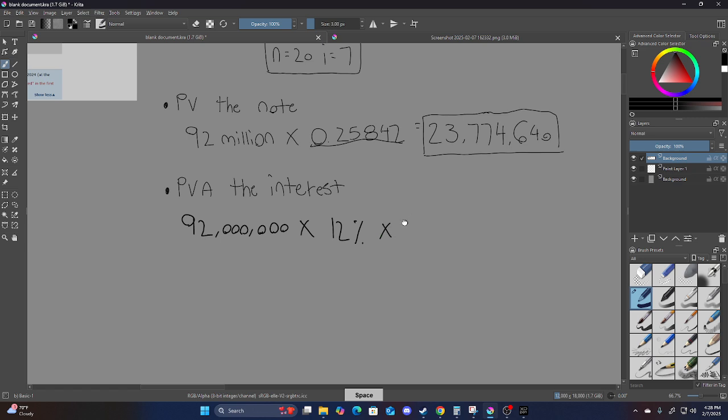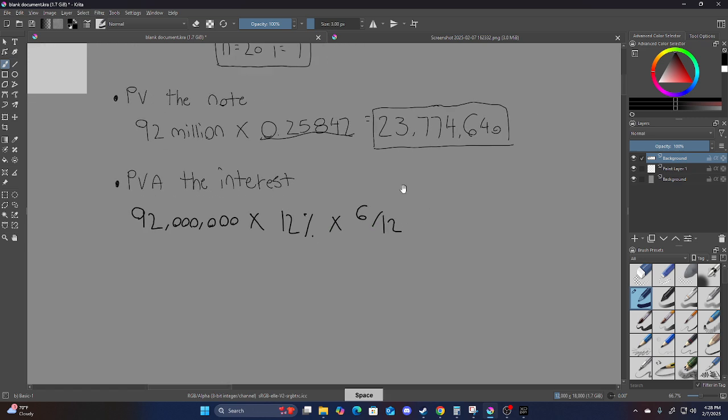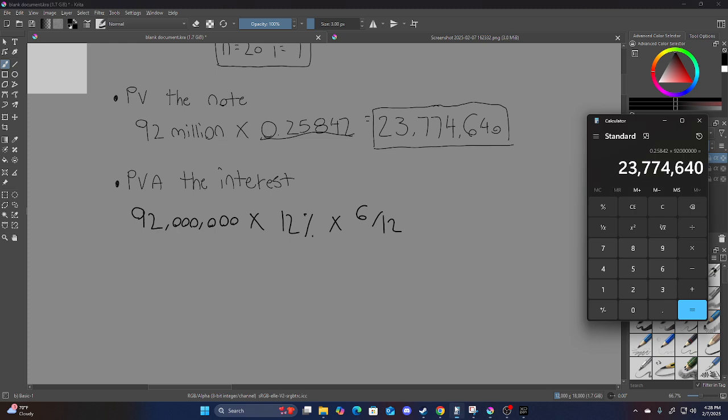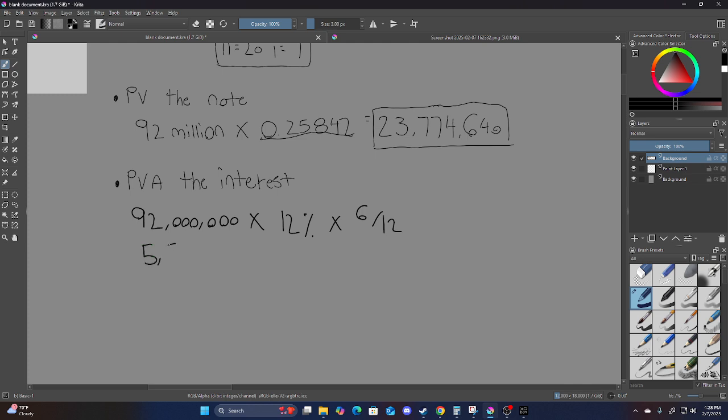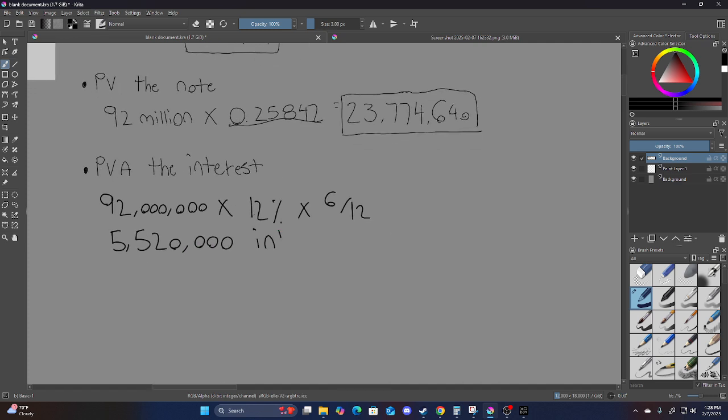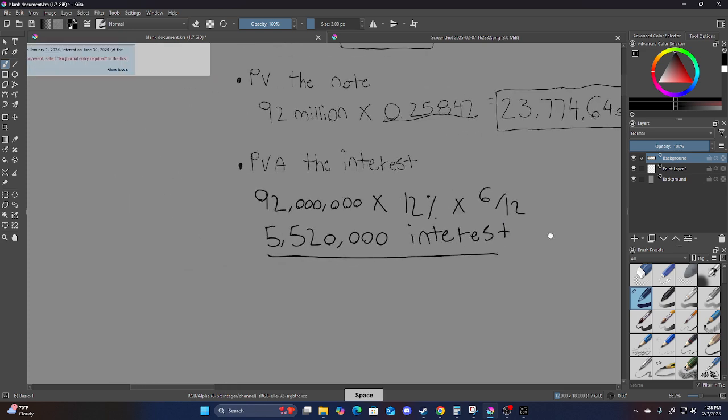Then we multiply that by 6/12 since it's a semi-annual bond, and semi-annual means twice a year. Okay, 5.52 million. That will be our interest.